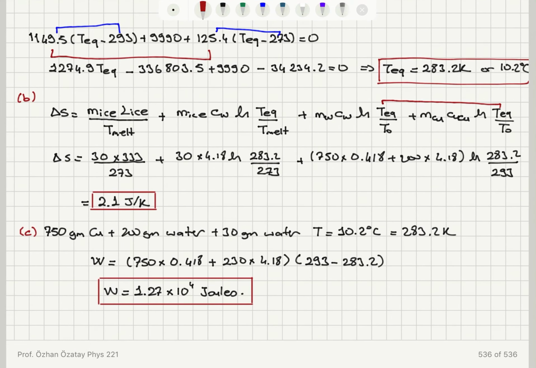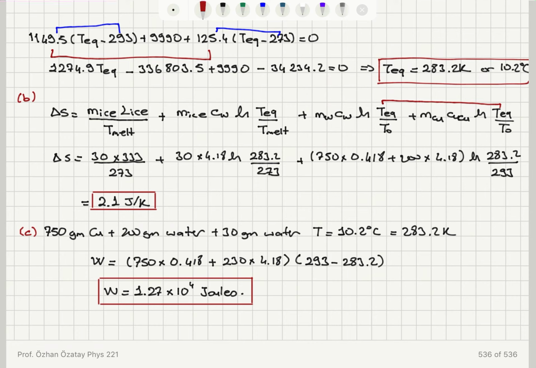So that's what we did in part A. That gave us an equilibrium temperature 10.2 degrees Celsius. To calculate the entropy change, there is one process that happens at constant temperature, that's at the melting point. So heat absorbed by ice divided by the constant temperature, melting point temperature, 273 Kelvin, that gives me entropy change of ice in the melting process.